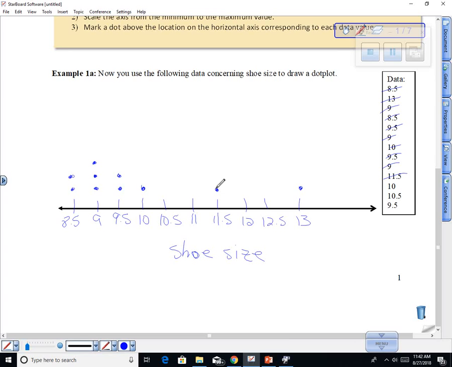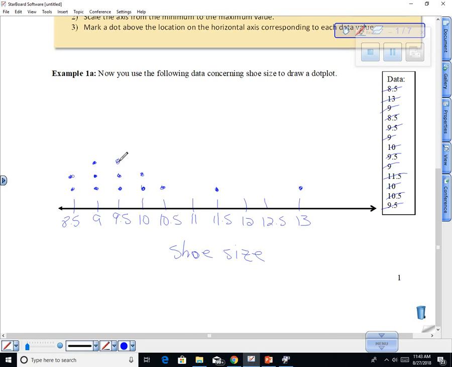And then 10 and 10.5. So 10 and 10.5. And the last one is 9.5. Okay. Any questions on this? Pretty basic, right? It's actually a pretty simple graph.